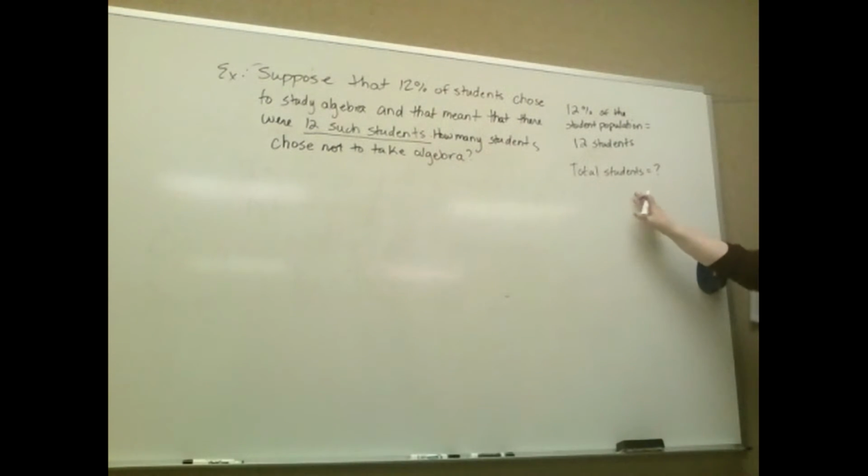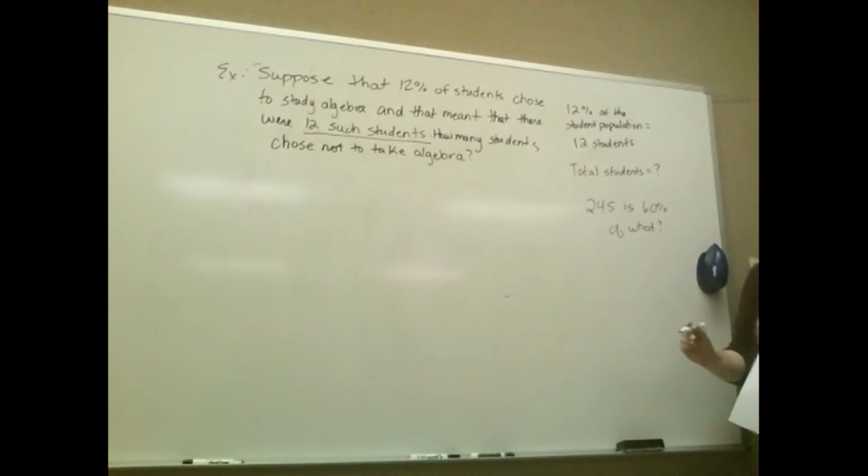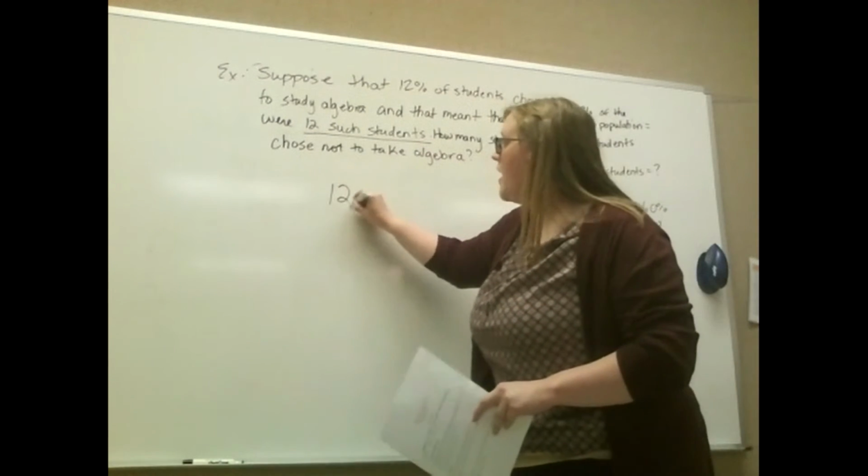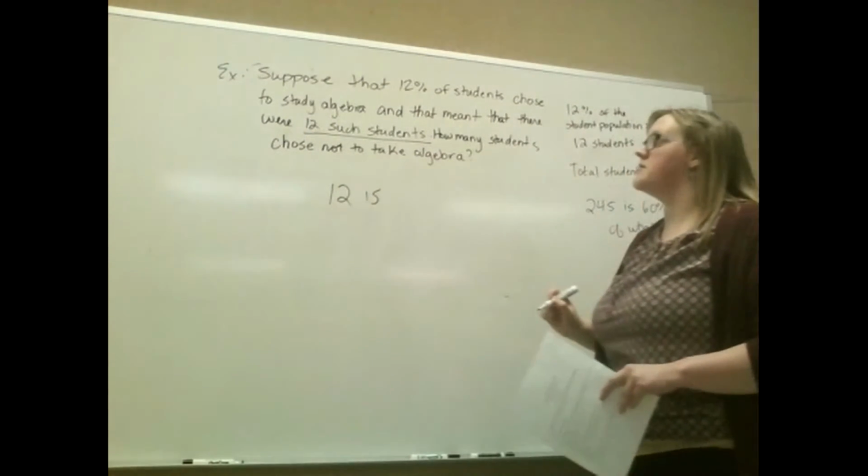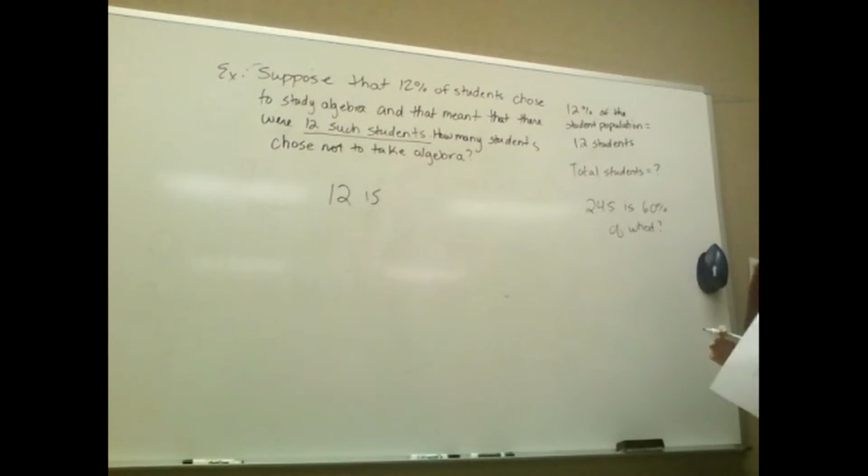So in order to find the total students, this is the exact same problem, just in word form, of that 245 is 60% of what? It is solved the exact same way. So here, what is our number that they give us? 12, right? So I can write this as 12 is, and what percent did they give us? 12%.